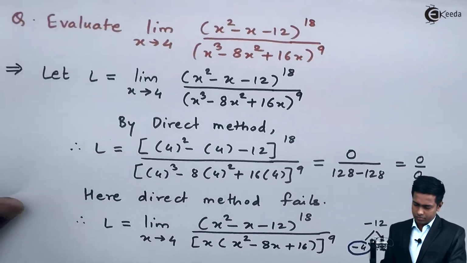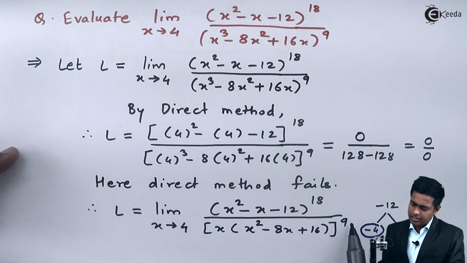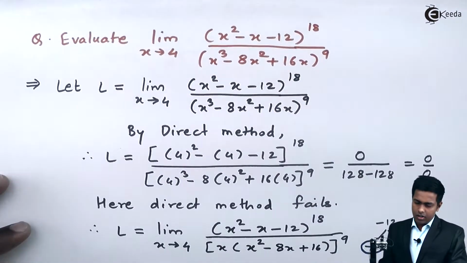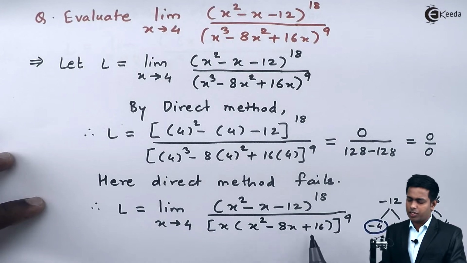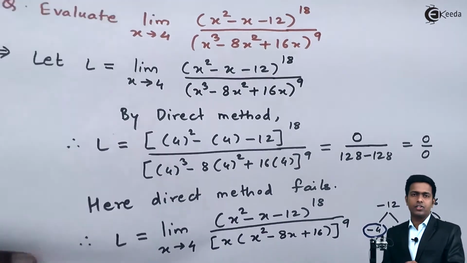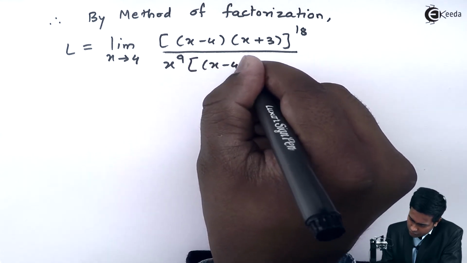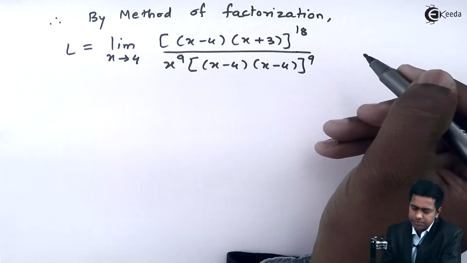Next, this x raised to 9 I will write separately, and for this bracket we got factors as minus 4 and minus 4, so I can write ((x − 4)(x − 4))^9.